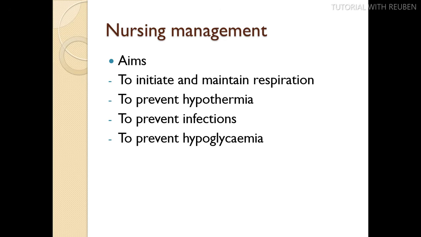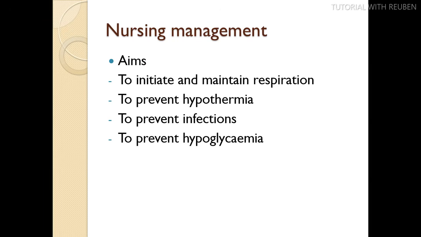Then after breathing, we're going to talk about circulation. Under circulation, you give fluids to this baby, fluids like normal saline. You're giving normal saline because it is a blood expander, and you can also give fluids like dextrose 5% because it's for energy.